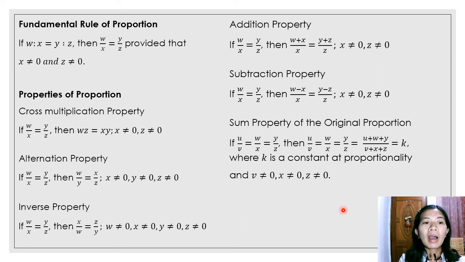So these are the properties of proportion: cross multiplication, alternation, inverse, addition, subtraction, and sum property of the original proportion.